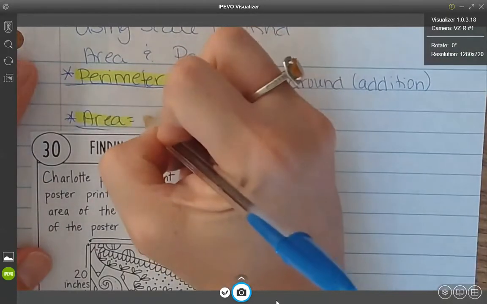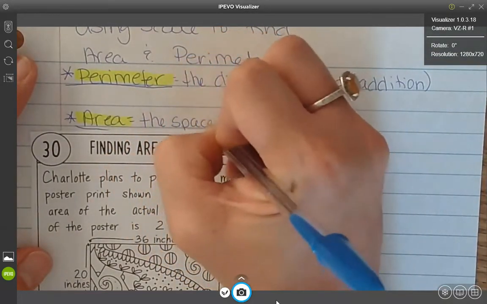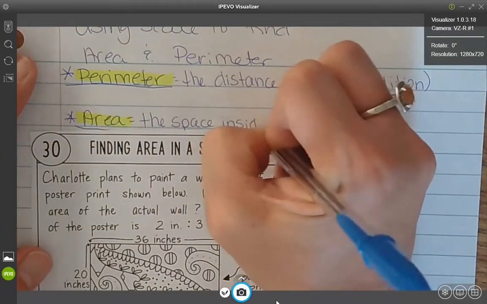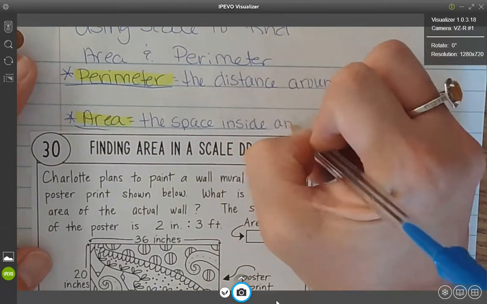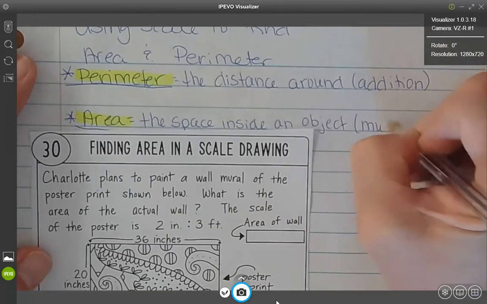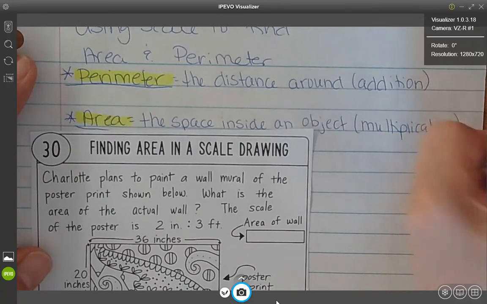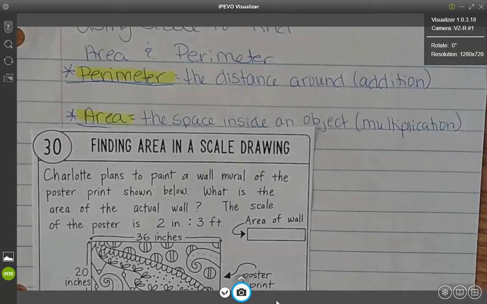Area is the space inside, right? Inside, I'm going to say an object. And we use multiplication. And if you want to shorthand these operations, you can do a plus sign for addition. You can do a multiplication symbol for multiplication.